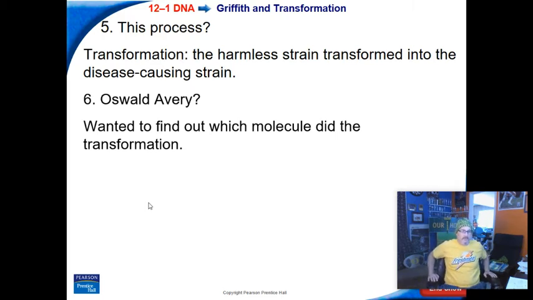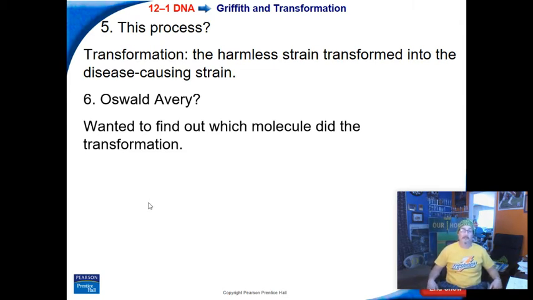So Avery wanted to know which molecule did the transformation. And again, there are a lot more details about what Avery and his experiments did. He used enzymes. I didn't want to bore you with those details. Of course, you'll want to take a look at those details when you're reading and doing your reading notes.